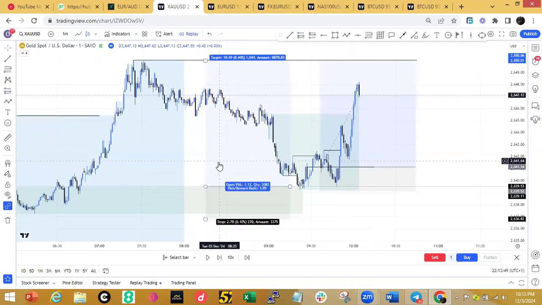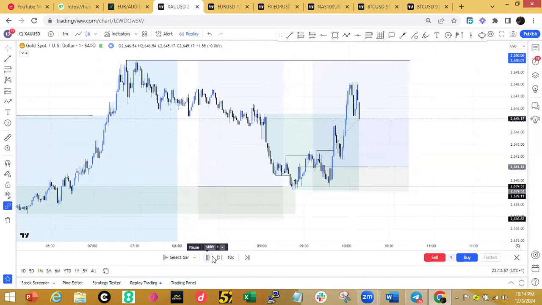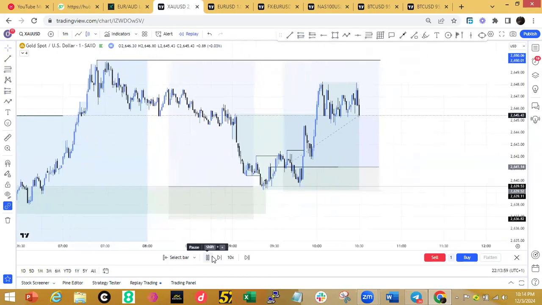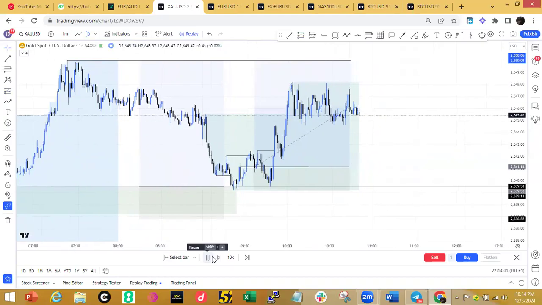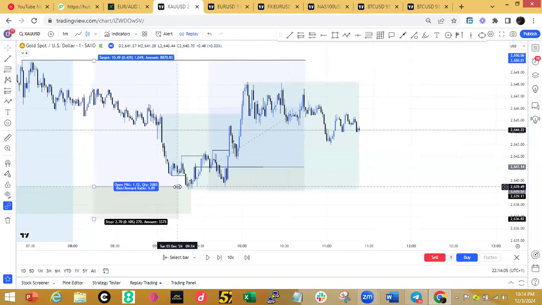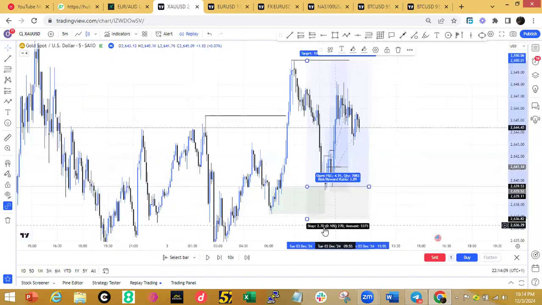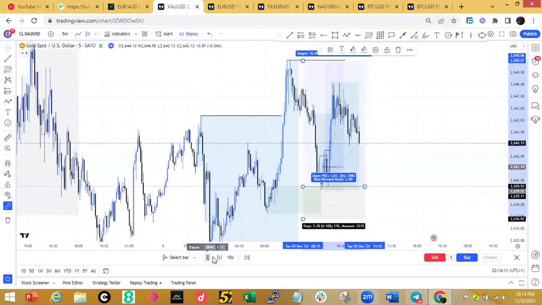But you would still be in the trade if you had done this aggressive entry. So the analysis was right, because at the end of the day, this stop got taken. But me, I don't care, because I've made what I've already made and I've left. You get? So you saw how gold was dancing. It was basically just consolidating for a very long time. And then finally, let's see.